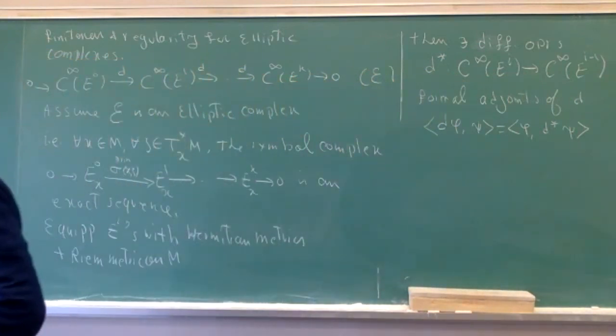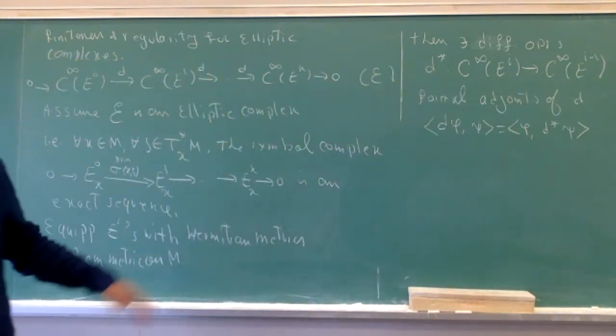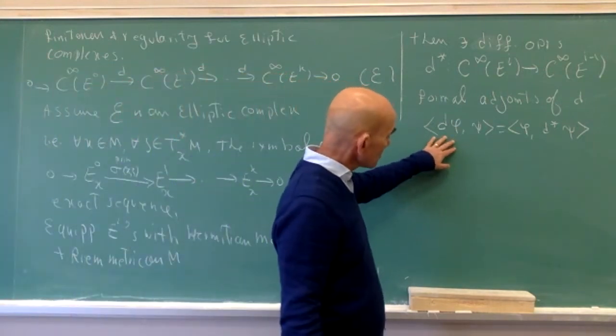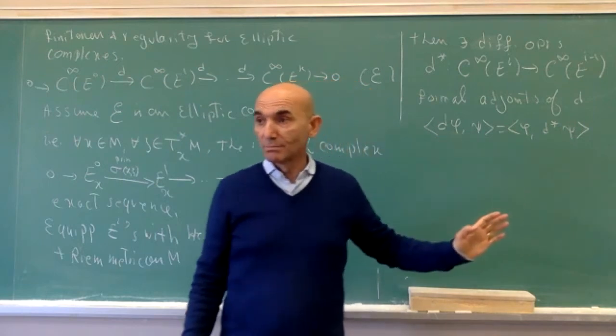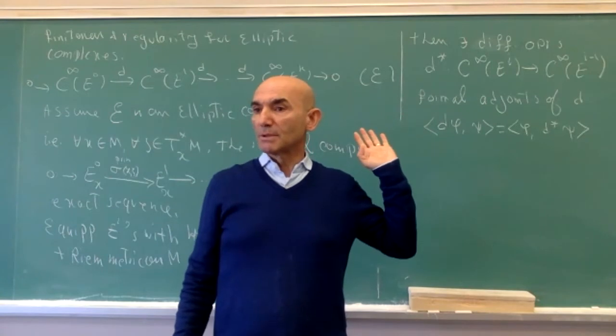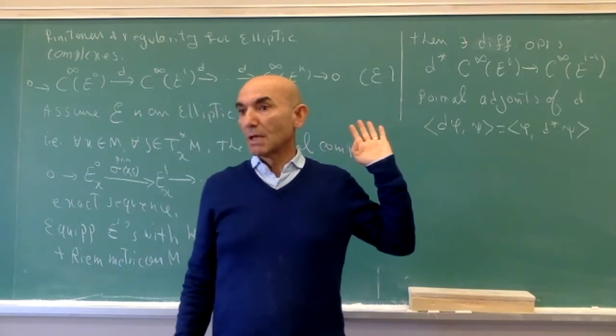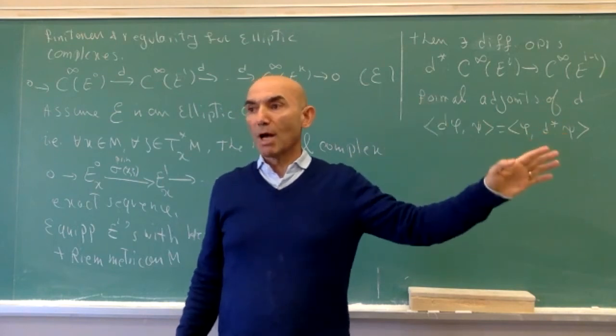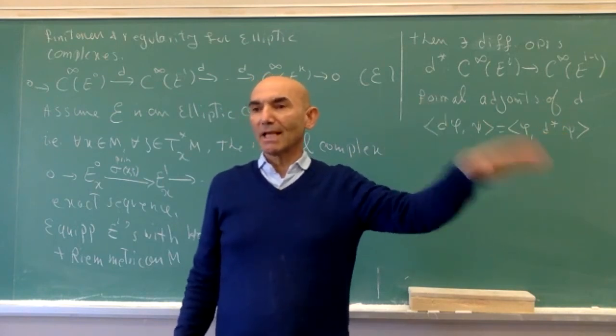Now, to prove this statement you have to be careful, because we cannot use Hilbert space theory to prove this. The operator d from L2 to L2 is not bounded, so we cannot just take the adjoint of it.